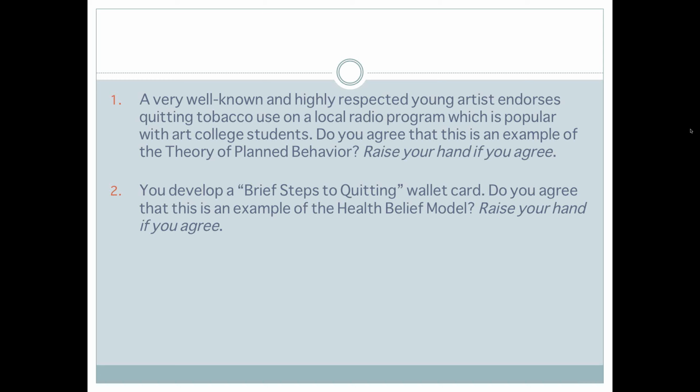The key factor in this intervention is that you're using a well-known and highly respected young artist to influence the behavior of college students. So the best fit of this intervention with a theory would be social influence theory.